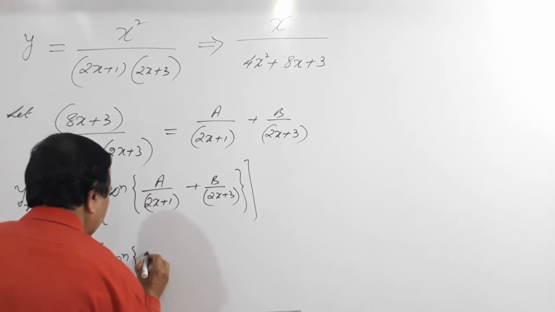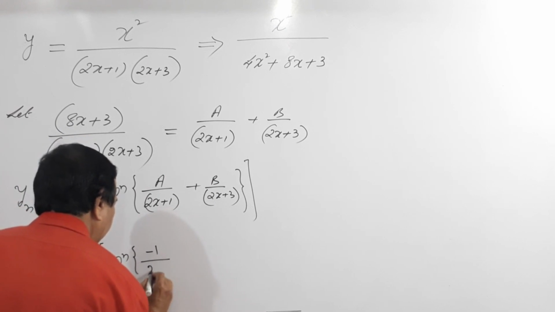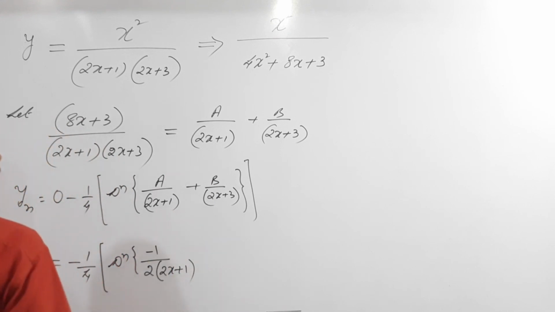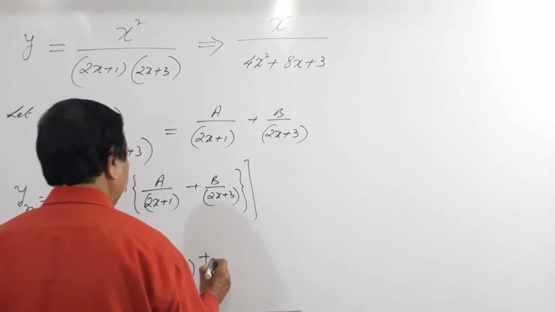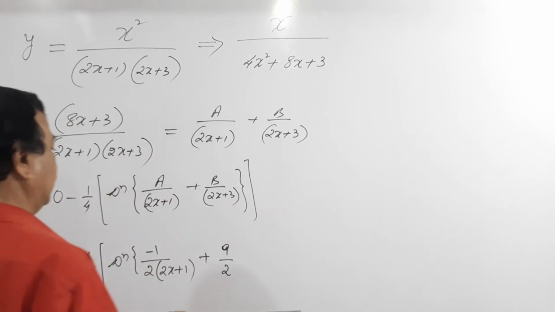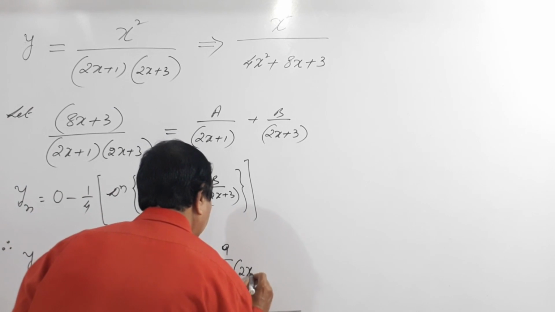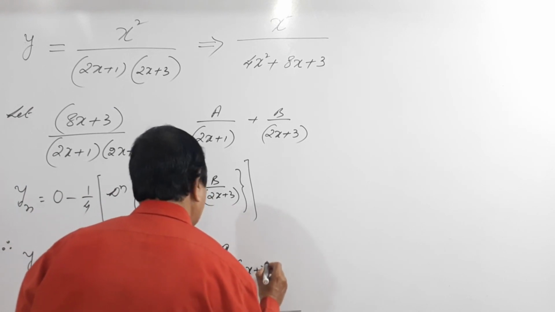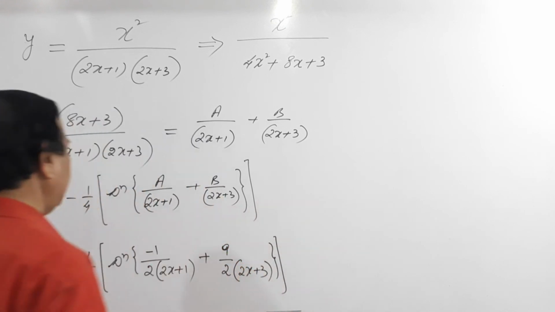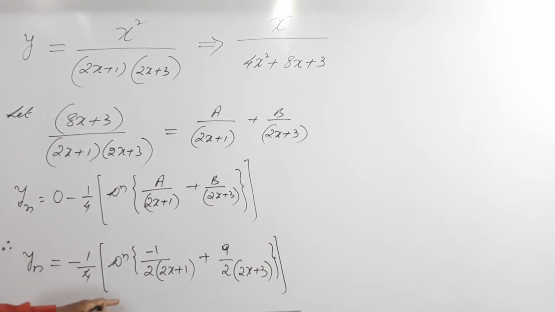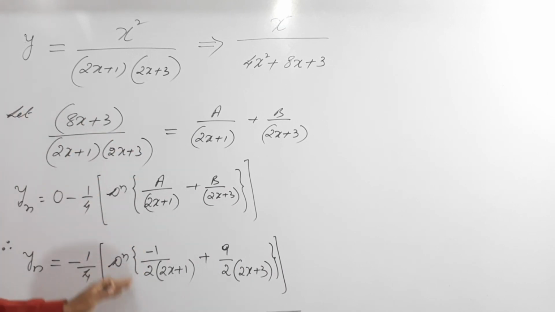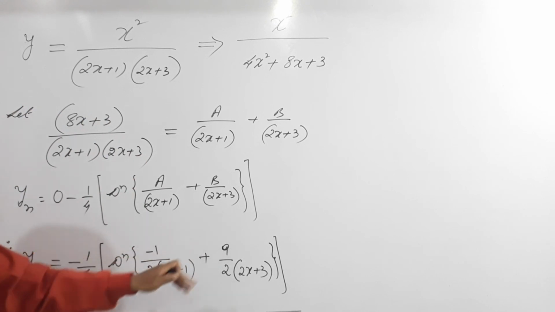Value of a was minus half by (2x plus 1), let's say minus, plus b was 9 by 2, (2x plus 3). So if you remember, once again I have brought all these things to the initial stage of what I have done. Now we have to differentiate it, find the antiderivative.